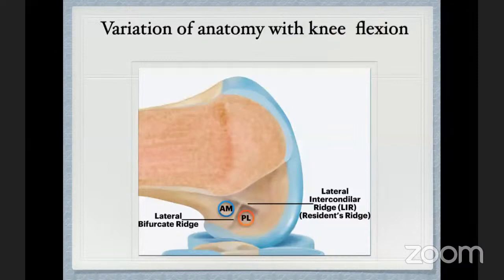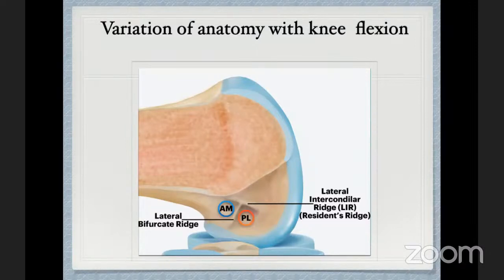Now, there is a variation of anatomy with knee flexion. The center of the insertion of the ACL is located proximal and posterior, as you can see in the picture, to the bony lateral intercondylar ridge, which was coined the resident's ridge by Clancy in the late 1990s. The optimal knee flexion angle to determine femoral tunnel placement has been reported to be 90 degrees, because the ACL footprint can be more accurately reproduced with the knee in this position.